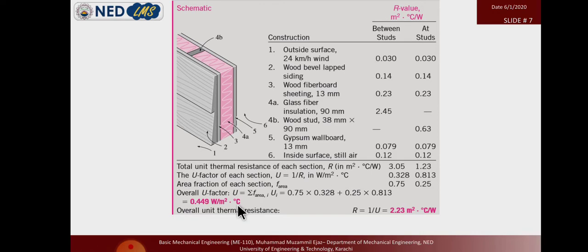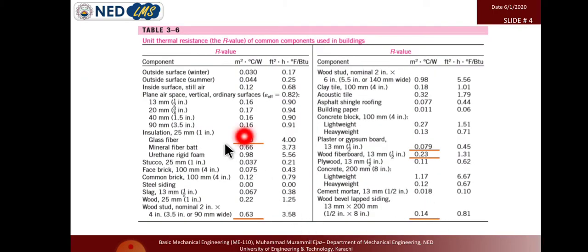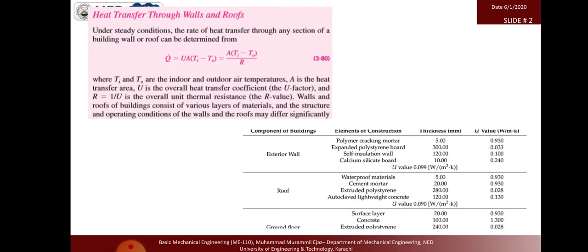degree centigrade. And if we take the reciprocal of this, 1 over U, we get the overall resistance of the wall, that is 2.23 meter square degree per watt. Now from this value we can easily calculate by this formula, or by this formula.